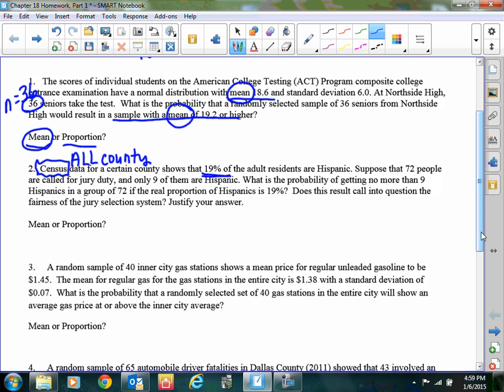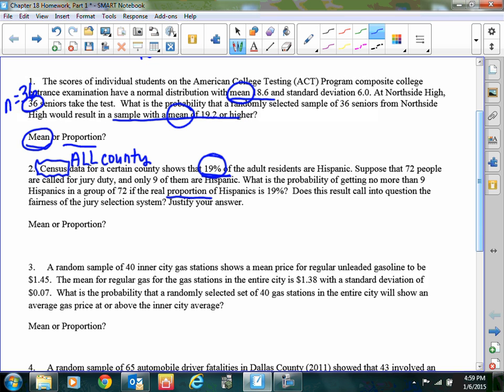Therefore, when I see this 19% of the adults are Hispanic in that county, that will be a population value for the county of the proportion that are Hispanic. Now, why did I know that was a proportion? Well, because it is a percentage of the adult residents. And percentages are, of course, proportions.